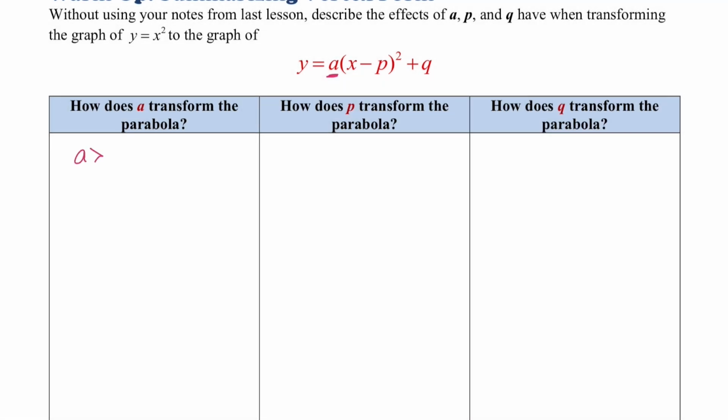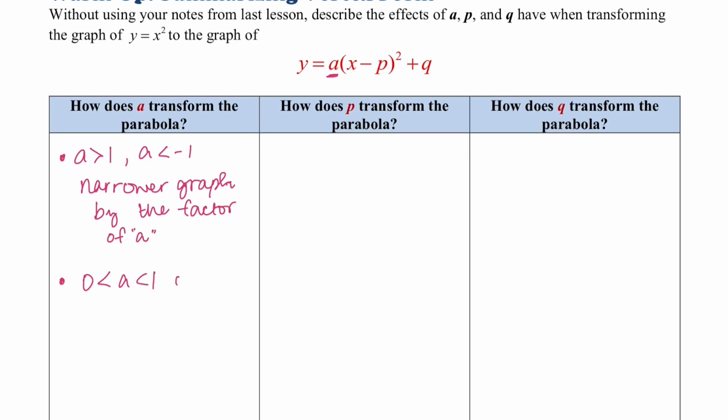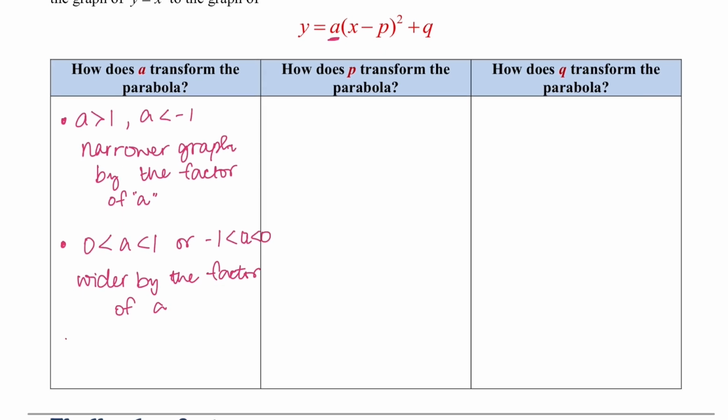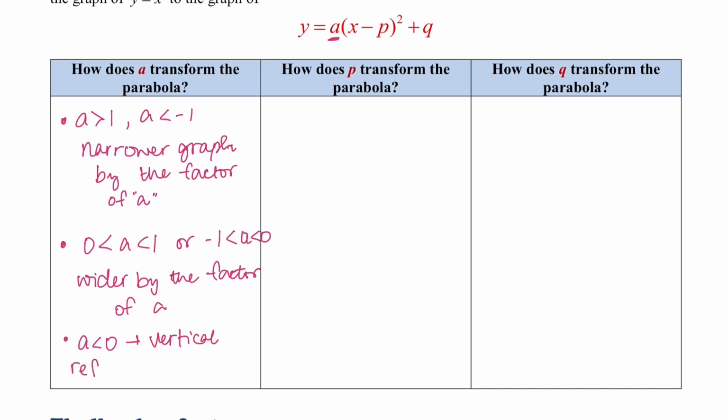So if A is greater than 1 or A is less than -1, it's narrower by the factor of A. If it's between 0 and 1 or between -1 and 0, it is wider by the factor of A. And if A is less than 0, there's a vertical reflection across the x-axis.